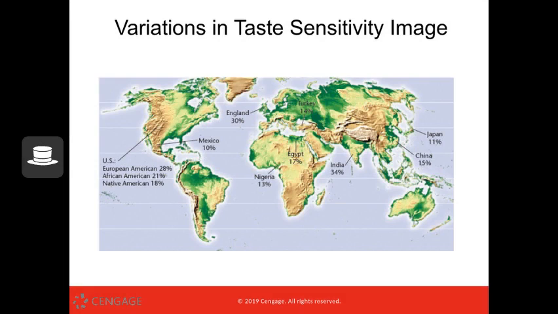And you can compare populations in the US versus, let's just look at Japan, right? So there's a pretty significant difference if you're comparing like 11% to 28%, the number of people who don't have increased taste sensitivity.